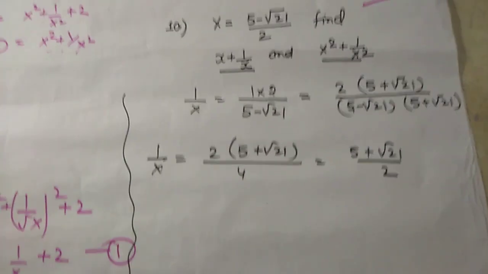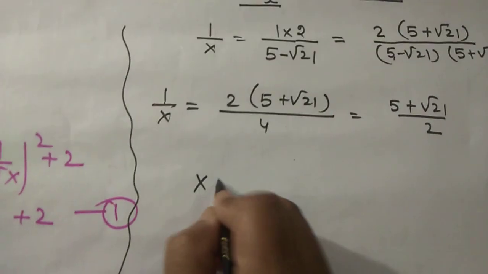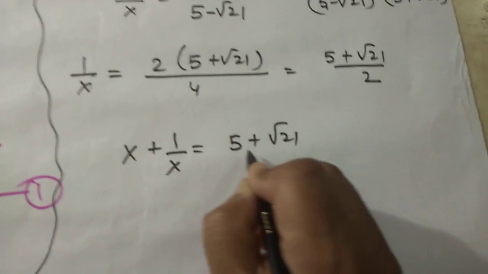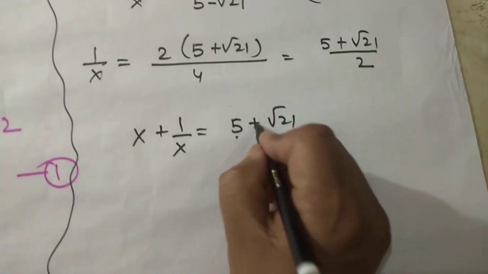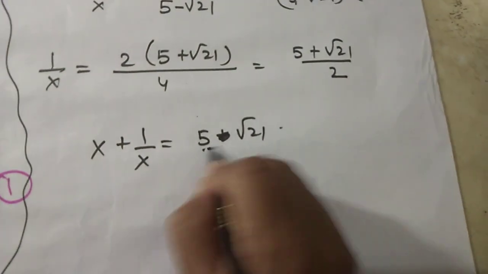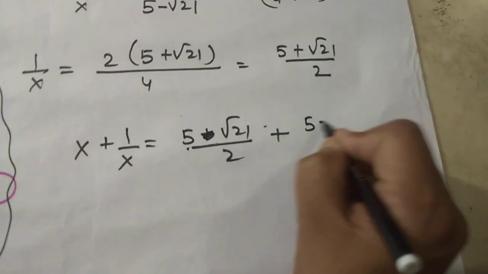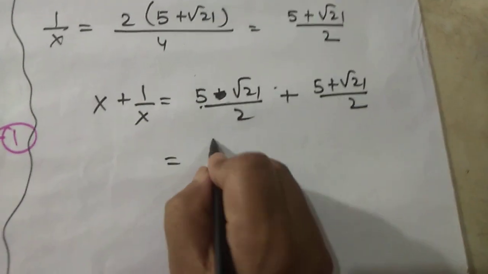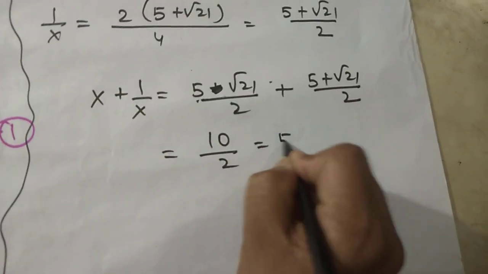So now I have 1 by x and x. So now you check, x plus 1 by x is equal to (5 minus root 21) by 2 plus (5 plus root 21) by 2. So this is 10 by 2. This is 5.